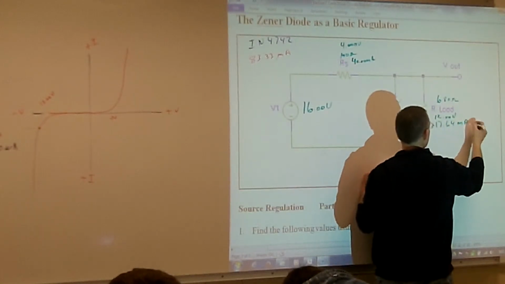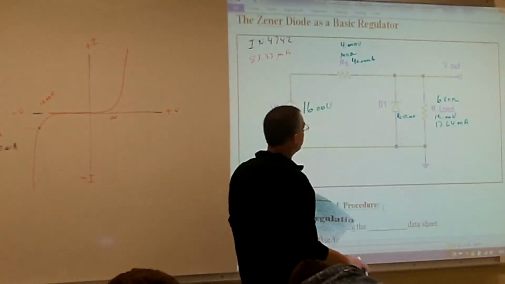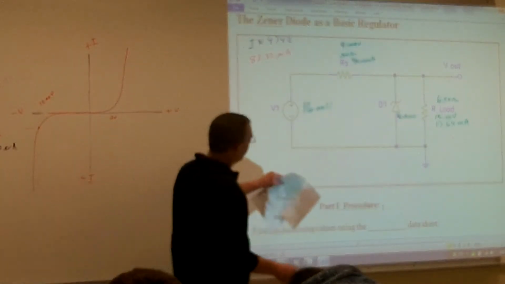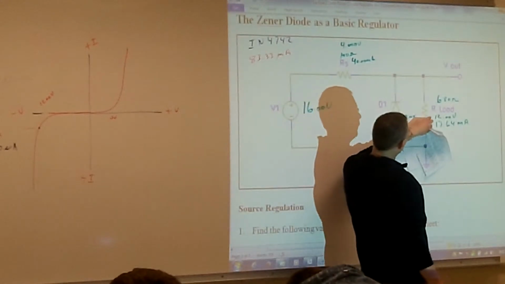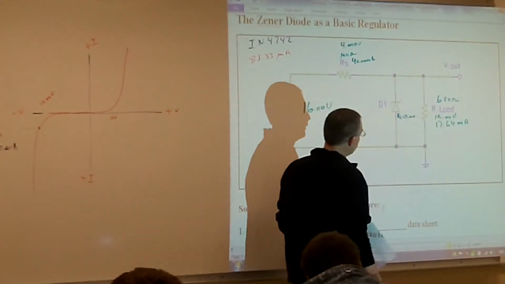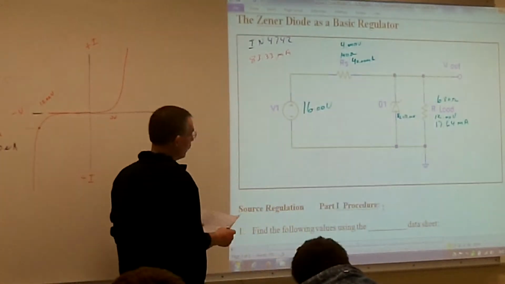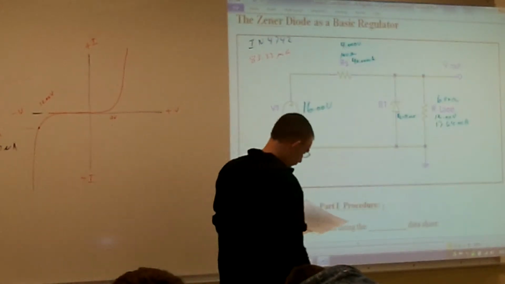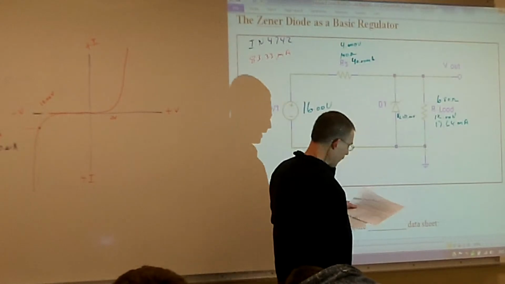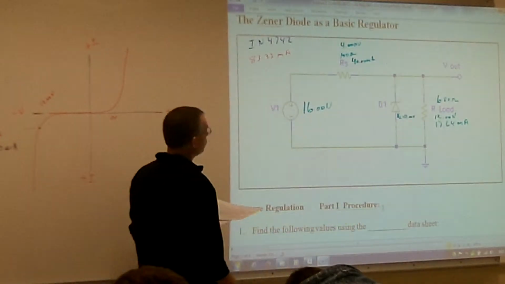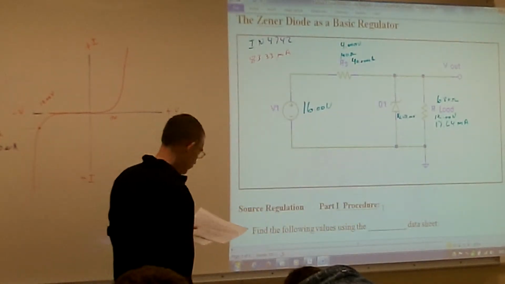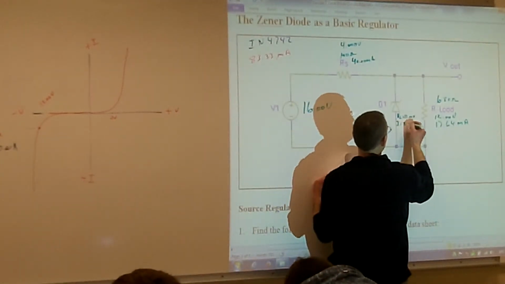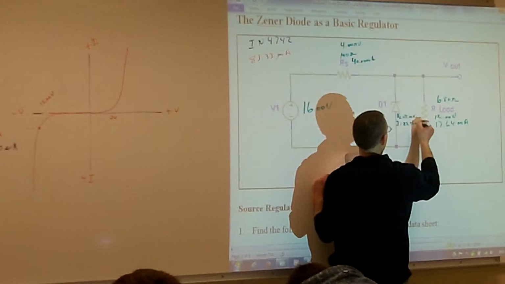Doesn't change. Even though my voltage across my source drops, my voltage across my load is still going to be 12 volts, and so I'm still going to get my 17.64 milliamps across my load. Then what's my current now going to my Zener? 22.36 milliamps.